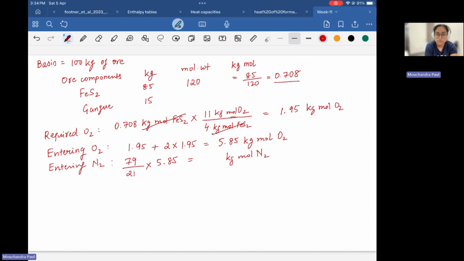We do the calculation, you should get close to 22 kg mole of N2 entering. Okay, this is the composition of the ore that is entering, and then you also calculated how much oxygen is required and how much oxygen is entering.